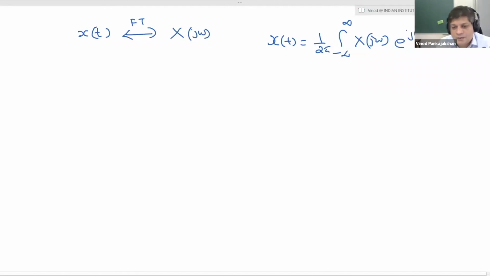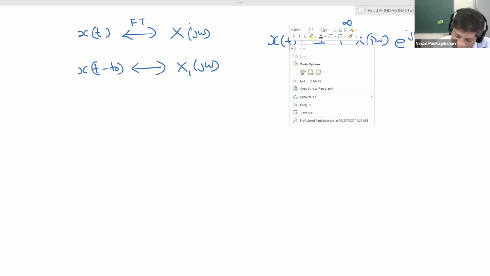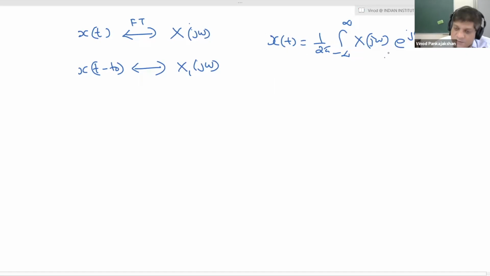Okay. So now let us discuss the time shifting property. If we are shifting the signal in the time domain, let's say its spectrum is X1(jω). How is it related with X(jω)? It is straightforward. You replace t with t minus t naught in this equation.